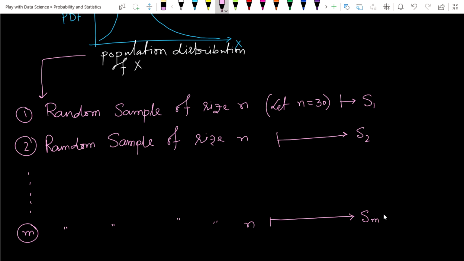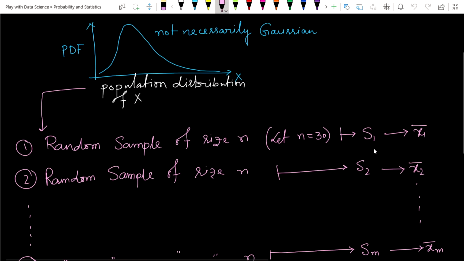Then we have to calculate the mean for each sample. For sample 1 we calculate its mean, say x1 bar. For sample 2 its mean is x2 bar. Similarly, for the last one its mean is xm bar.